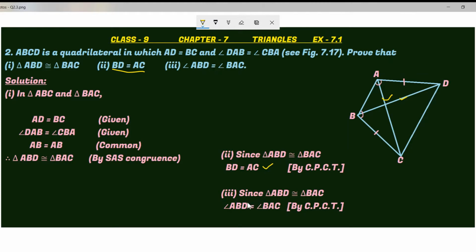Next we have to prove, since angle ABD and angle BAC are corresponding parts of congruent triangle ABD. So we have to prove this angle is equal to this angle. For that, what we are going to do, we have to take these two triangles.